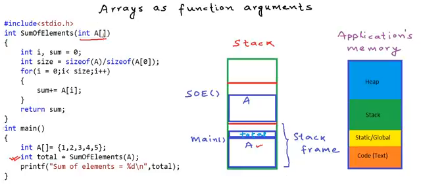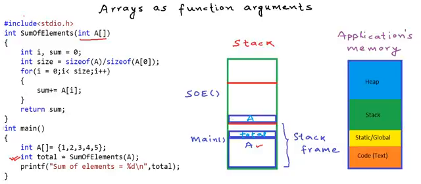When the compiler sees an array as function argument, it does not copy the whole array. What it actually does, it just creates a pointer variable by the same name. Instead of creating the whole array, it just creates a pointer to the data type of the array.